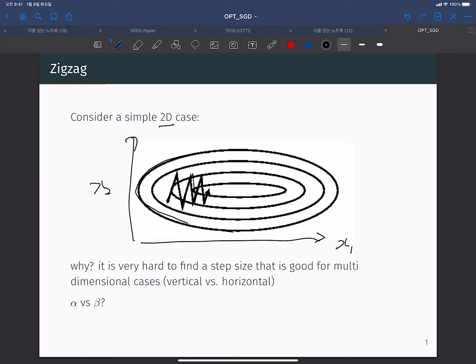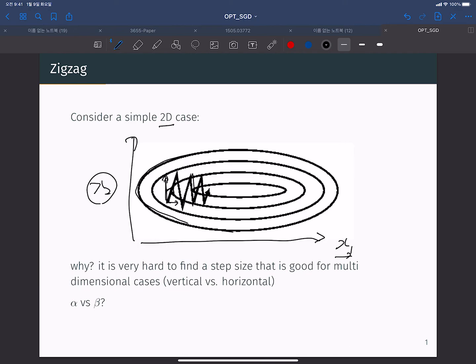When you compute the gradient vector, you can find this direction is the gradient descent direction, and since the curvature in the x2 direction is steeper than the curvature in the x1 direction by some large constant, although the movement toward the x1 direction is very small, the update length in the x2 direction is very long, very high.